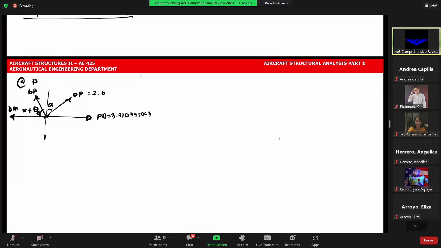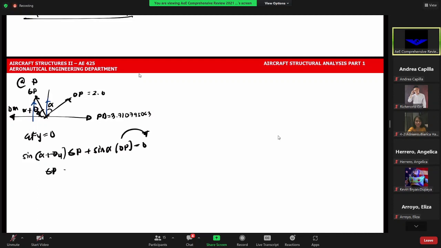Okay? Summation forces Y is equal to 0. So, yung Y component niya, this one and this one. Therefore, sine alpha plus theta sub 4 GP and then plus sine alpha OP is equal to 0. So, lipat natin sa kabila.